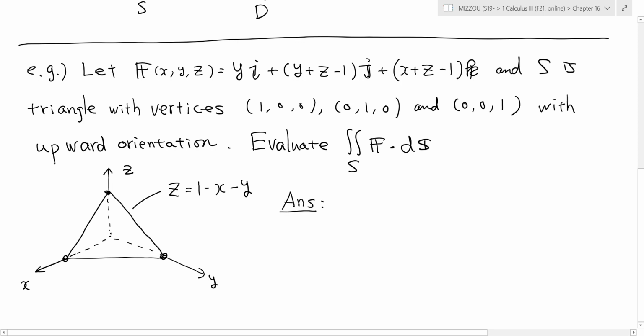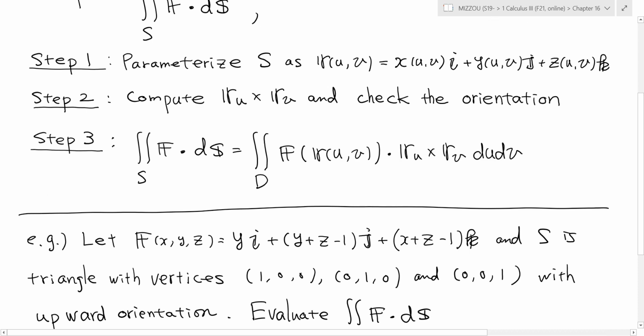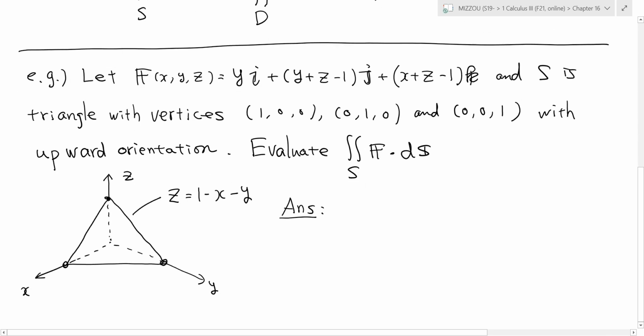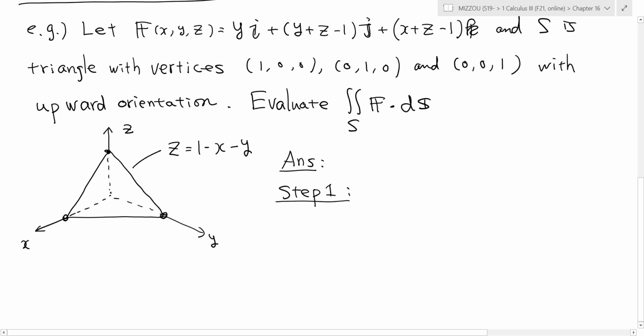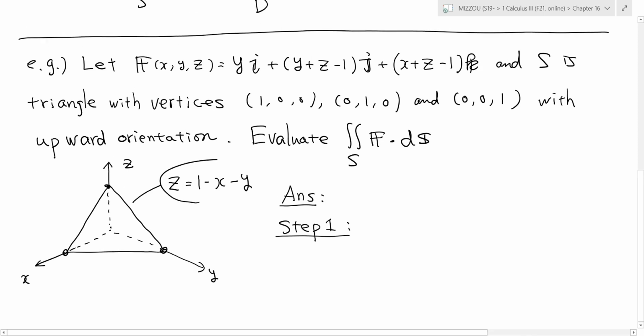So here's the answer. Like I said, there are 3 steps. Step number 1, parameterize the surface. How? In this case, our surface, which is actually a plane, is given as z equal to something in terms of x and y, and then there's a canonical way of parameterizing it.